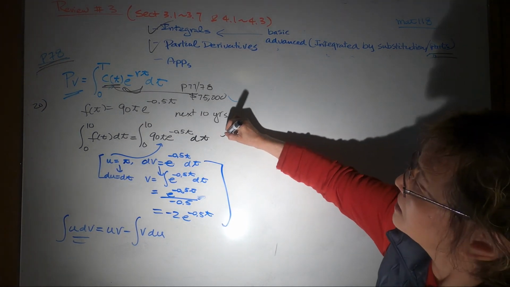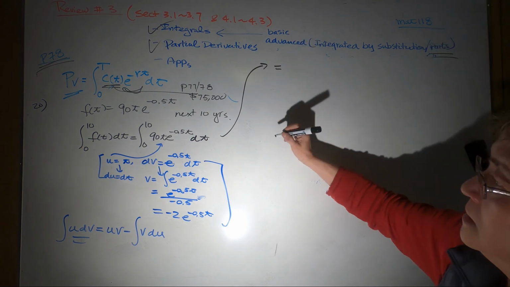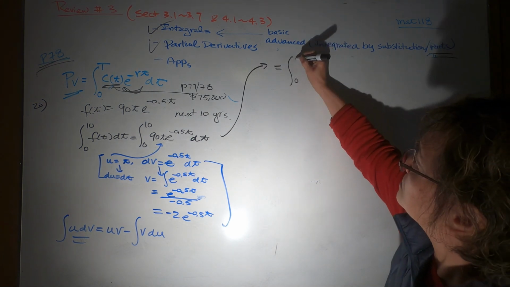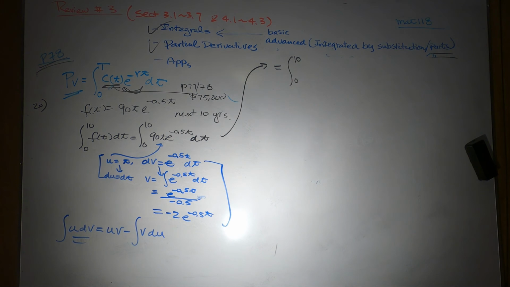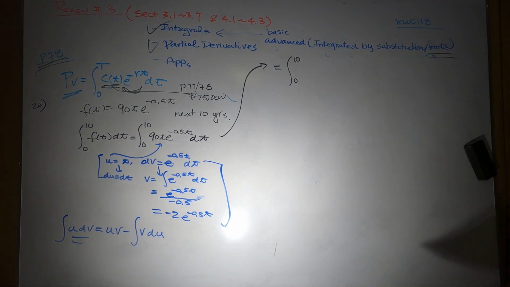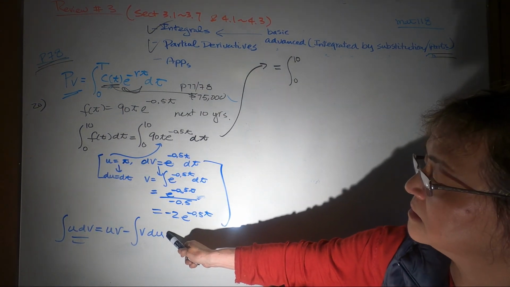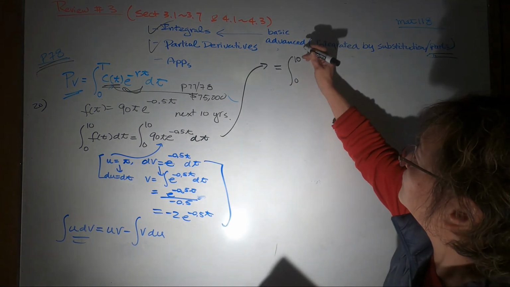So we have 0 to 10, right? So we will do the v du things here. Okay, let's take 90 out first.